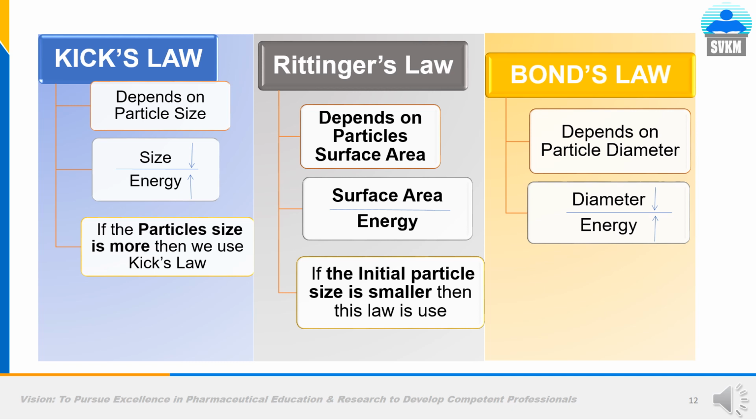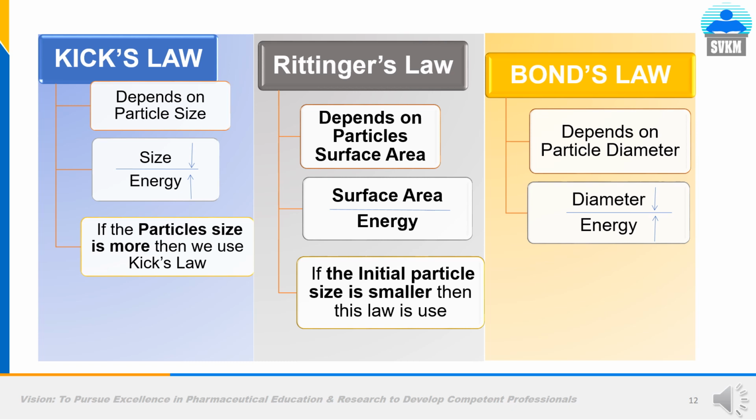Kick's law is used if the particle size is large. Rittinger's law depends on surface area. Kick's law depends on particle size, Rittinger's law depends on surface area, and Bond's law depends on particle diameter.